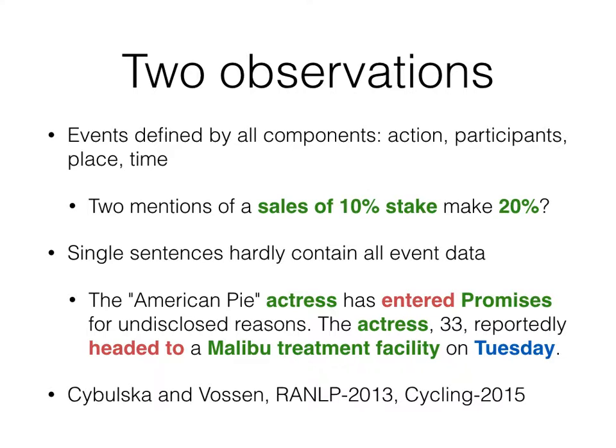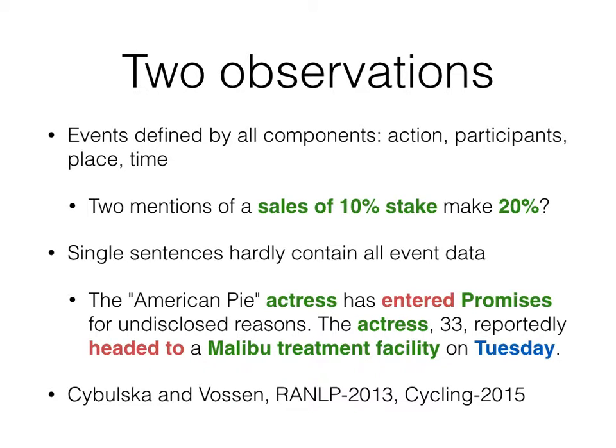Our matching algorithm for events is based on two further observations. First is that, as we have seen in the examples, identity and similarity are not just based on the predicate or any of the entities involved, but should be defined as a function of all the components that make up an event: the action or process, the participants, their roles, the place, and the time.